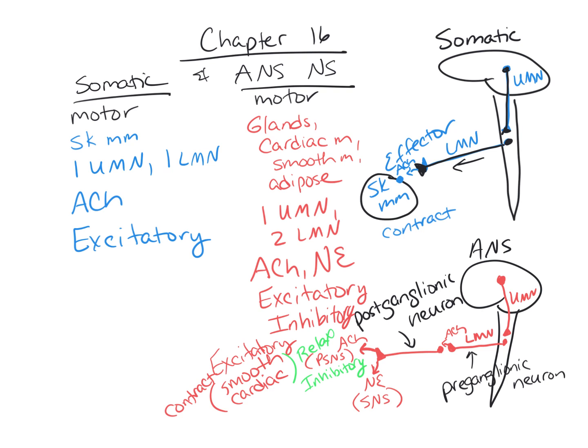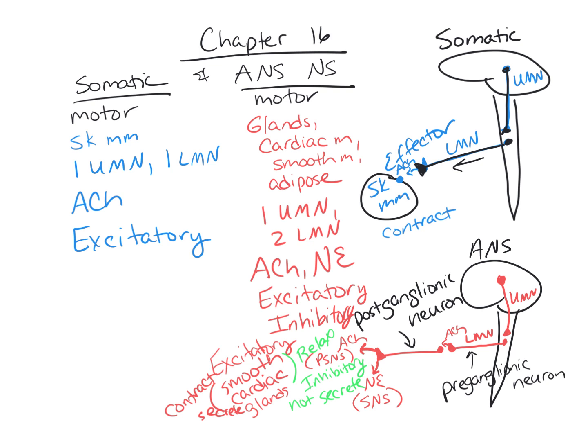Or if we're talking about glands, if it's excitatory, then those glands would secrete. And if the response is inhibitory, then those glands would not secrete. So that's the difference between the somatic nervous system and the autonomic nervous system.